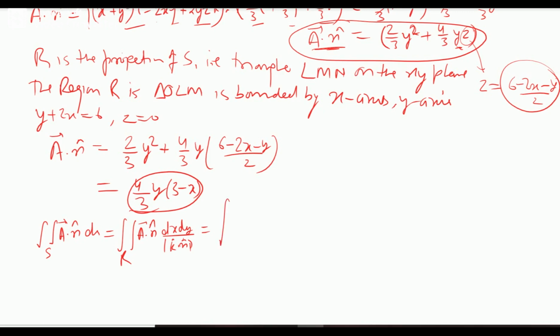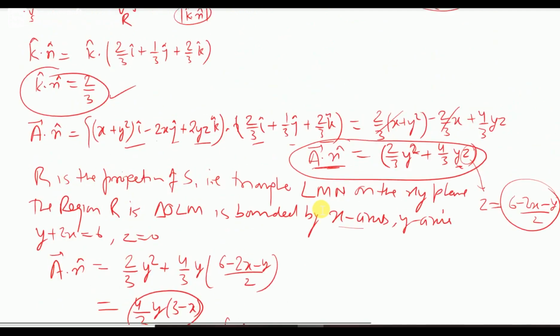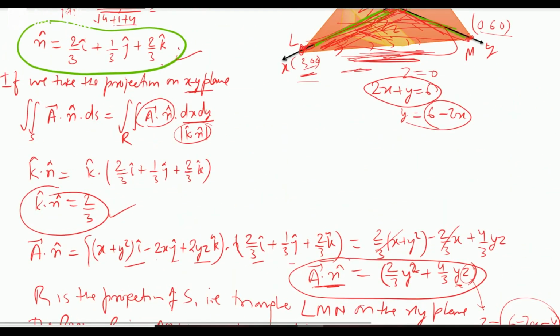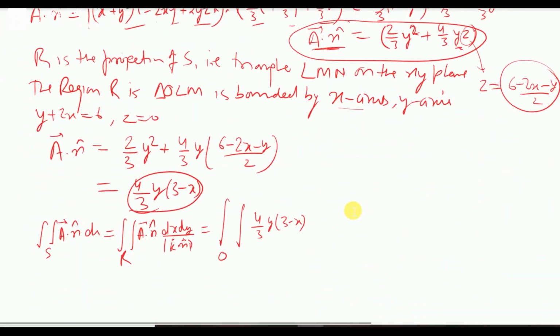When we evaluate that, the double integral of 4 by 3 y (3 minus x), the limit of x is 0 to 3, and y varies 0 to 6 minus 2x, dy dx. Now you can easily evaluate that integral.